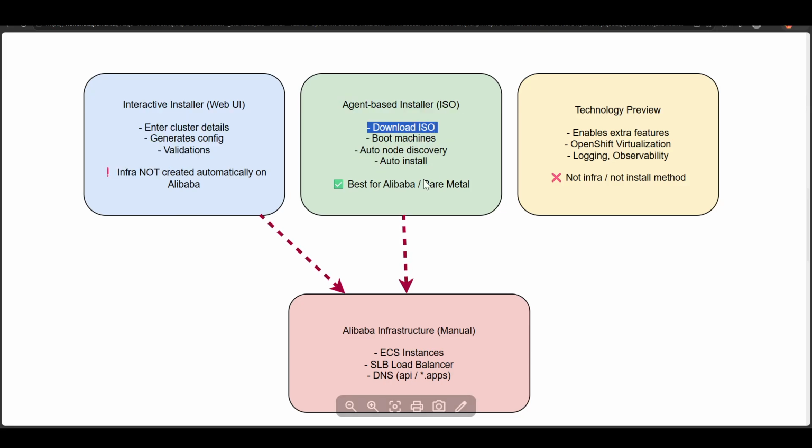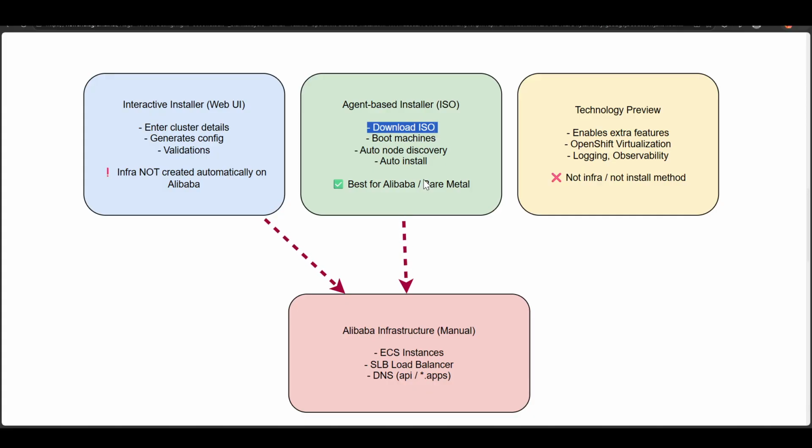Okay. So now the next method, the default method, what we used to do is we download the ISO file. This is what the ISO file has. It has Red Hat CoreOS. So there's a new version of operating system called CoreOS. Now this only has the requirements of a virtual machine.